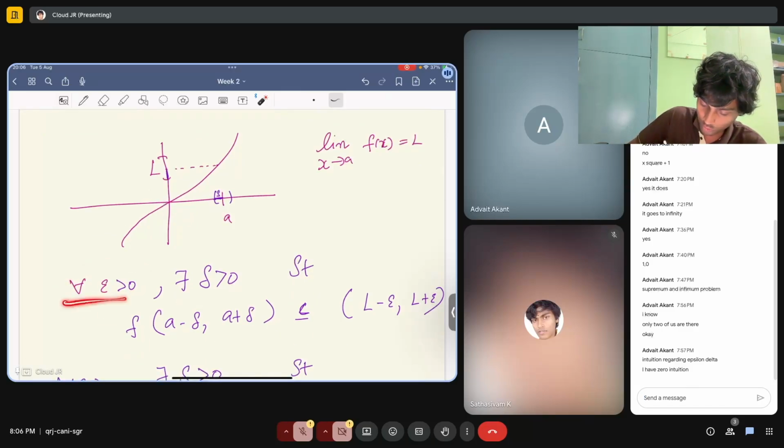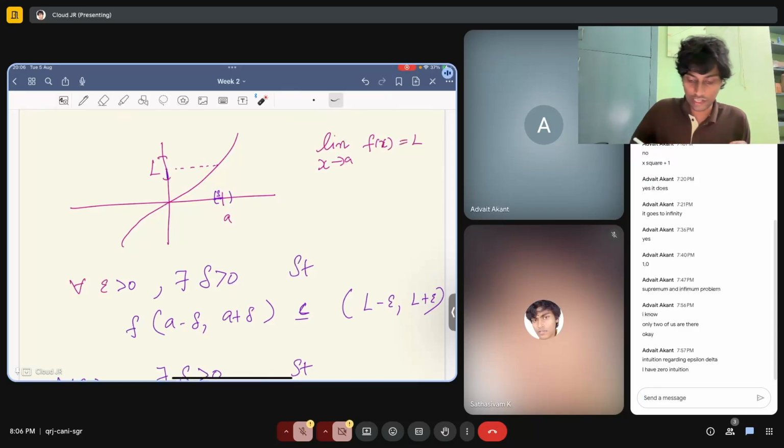Whatever closeness you give, by making this x closer to a, I can make the image f of x go closer to L. So that's the idea.